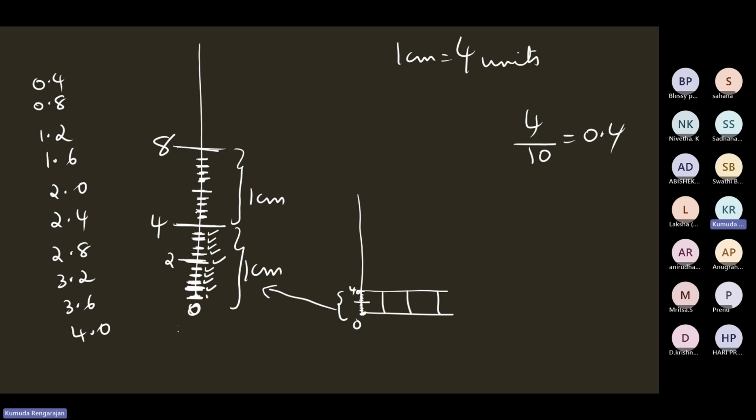So continue like that: 4.4, 4.8, 5.2, 5.6, 6, 6.4, 6.8, 7.2, 7.6, and 8. So whatever scale you choose, divide that by 10. When you divide by 10, you get a value, right? Using that value, you should skip count to understand the value of every subdivision on your x-axis or y-axis.